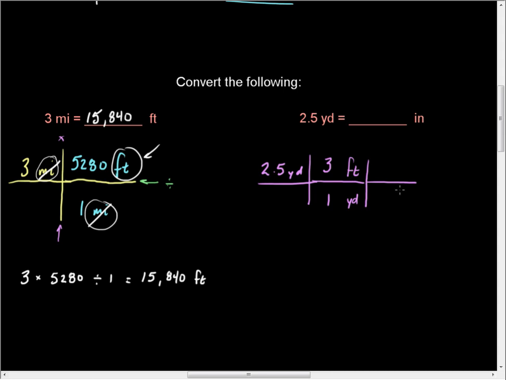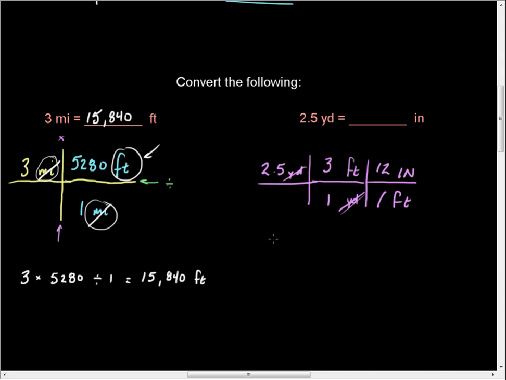Okay, and then on the next one, you'll notice I just kept kind of going. So my yards cancel, and I'm left in feet. Well, if I'm starting in feet, then where I was previously goes on the bottom, and where I want to be goes on the top, but there's 1 foot for every 12 inches.